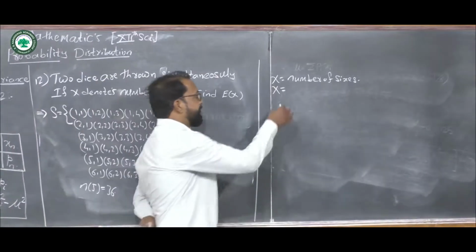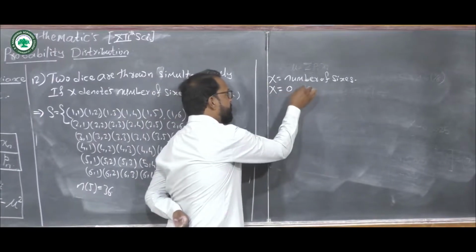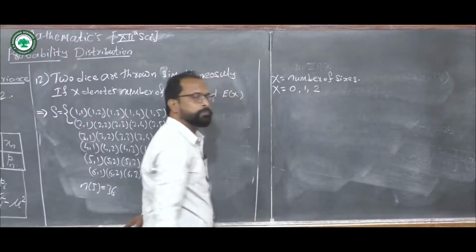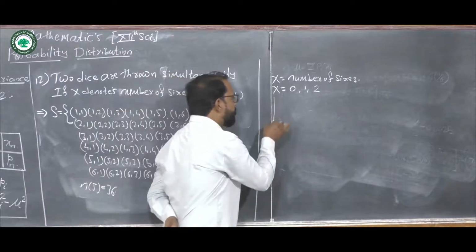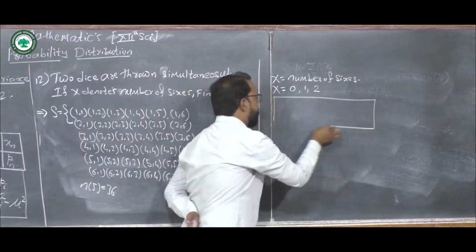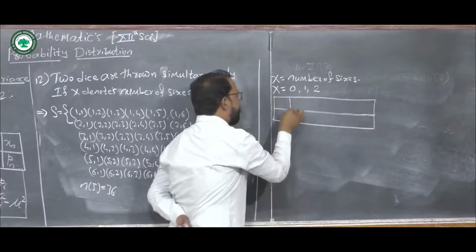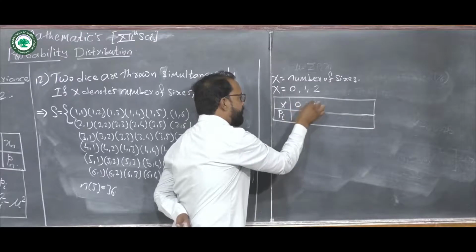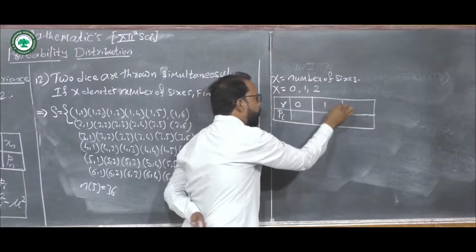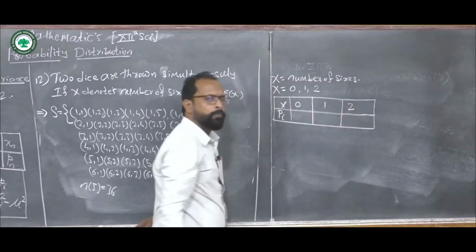So the number of sixes, that is x, takes the value 0, 1 or 2. Now to write this probability distribution, we write the values of x and corresponding probabilities pi, where the values of x are 0, 1 and 2.